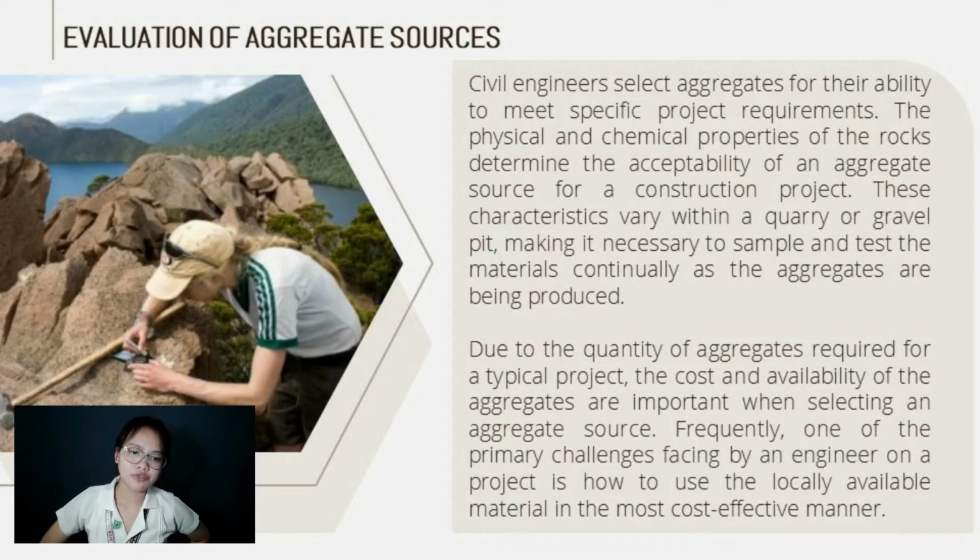These characteristics vary within a quarry or gravel pit, making it necessary to sample and test the materials continually as the aggregates are being produced. So it simply means that in evaluating the aggregate source, for example a quarry, the physical and chemical properties of rocks there are taken into consideration.